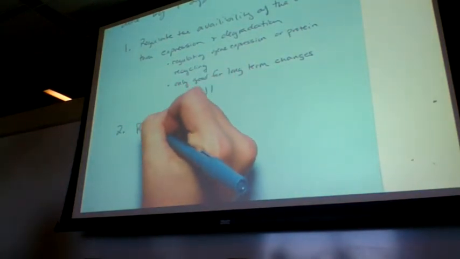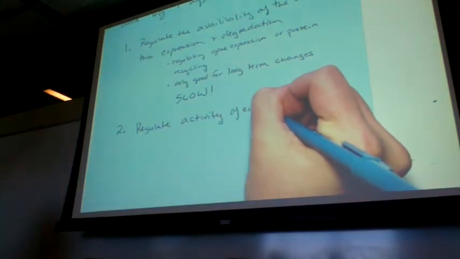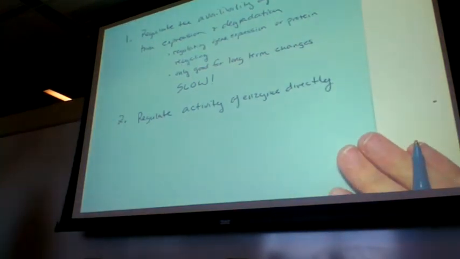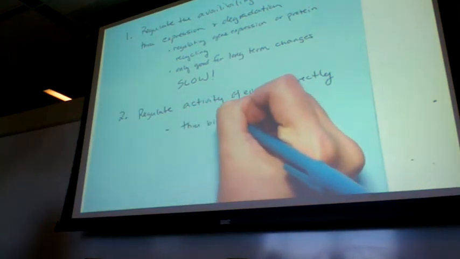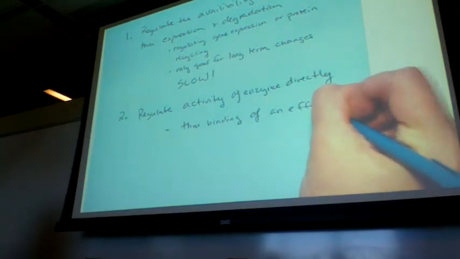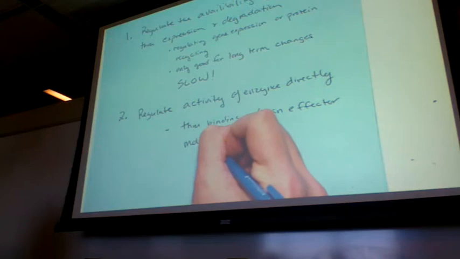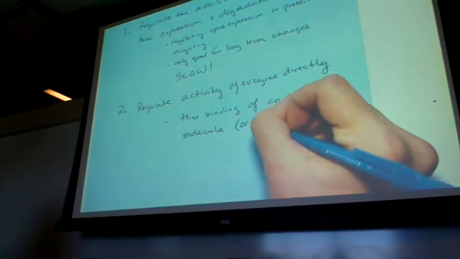What typically happens on a faster time scale is you regulate activity directly. And that could be through binding of an effector molecule, or sometimes these are called modulators.